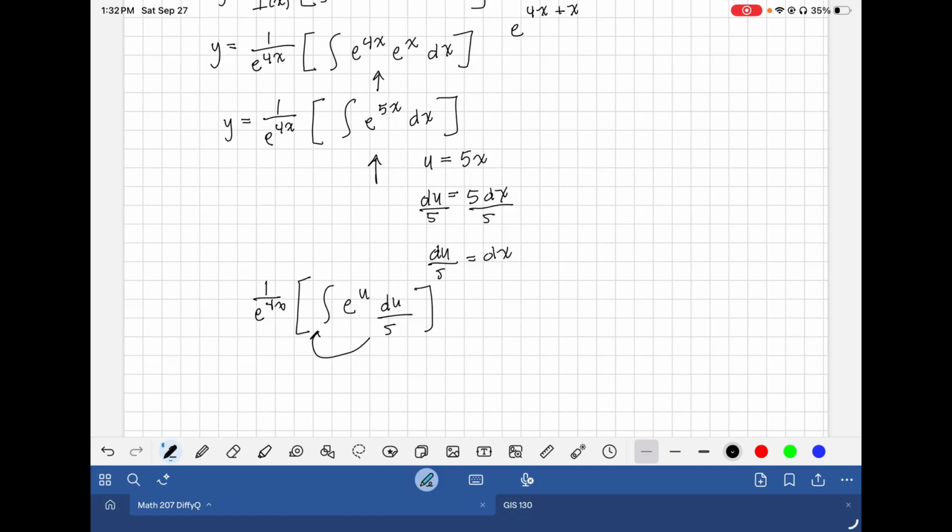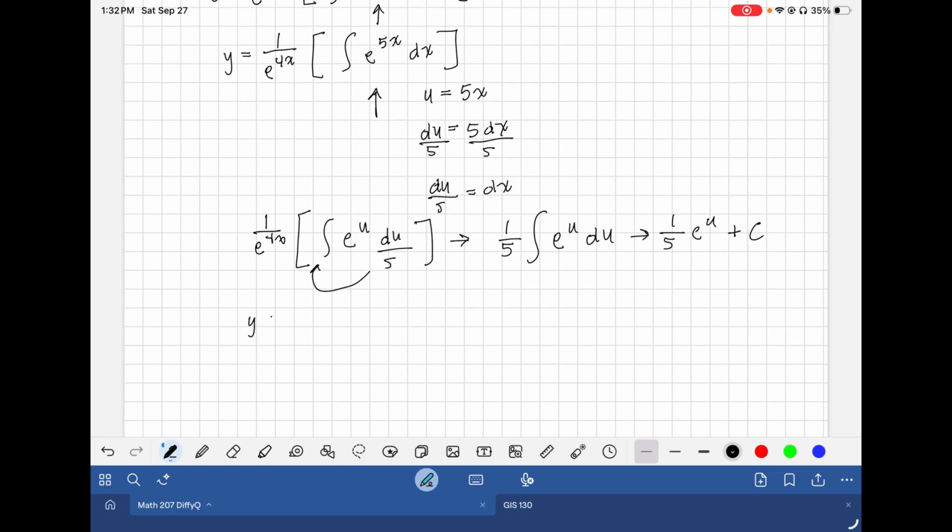Pull out the 1/5, left with 1/5 integral of e to the u du, and then the integral of this is just going to be 1/5 e to the u plus C. And so now we just substitute back the u, and so it's going to be 1/5 e to the 5x plus C.